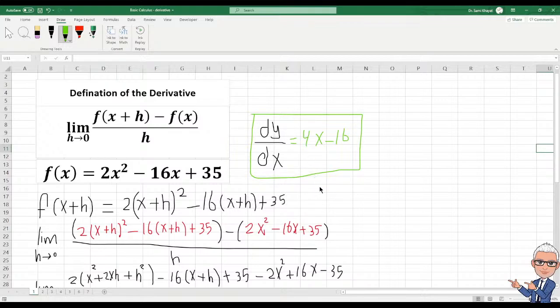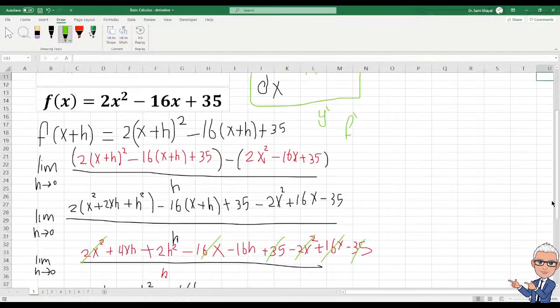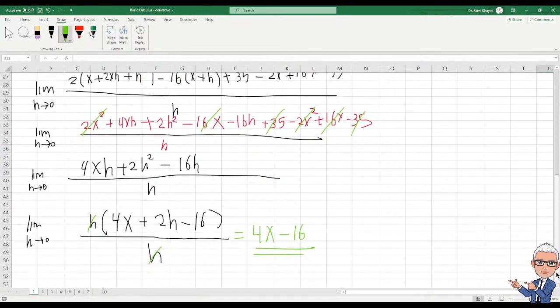Sometimes they use y prime or f prime. It's all the same. This method is very long, but it's required. You should understand how it works. That's why I show you step by step how to find it.